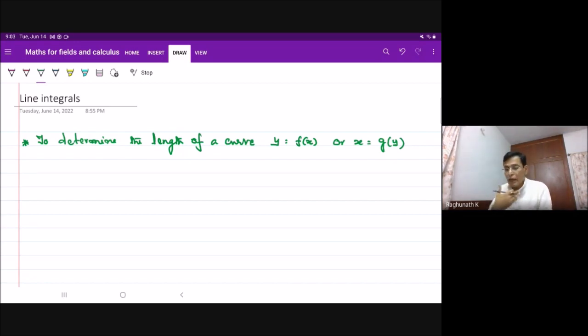Now that I want to determine the length of that curve between the given limits, that length of the curve L is equal to what? Integral dl along the function.